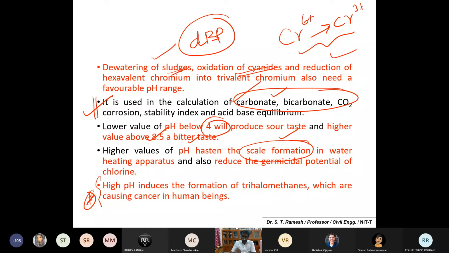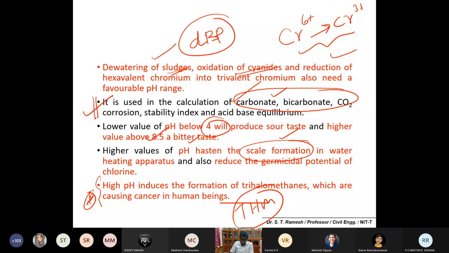The organic matter in the water may not be a problem, but organic matter reacts with your applied chlorine and forms disinfection byproducts. One of the disinfection byproducts is trihalomethane, THM. Please make a note on THM. Trihalomethanes cause cancer in human beings. That is what we studied last semester. Before disinfection, you should remove all the organic matter well in advance.